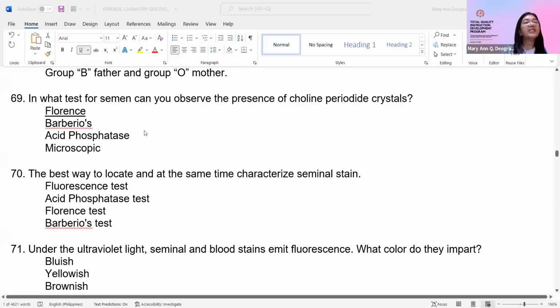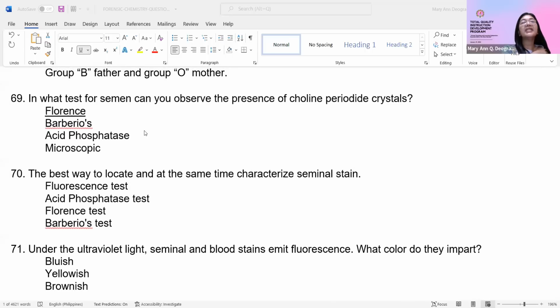Okay, number 70. The best way to locate and at the same time characterize a seminal stain. Sagot natin is acid phosphatase test. Pero preliminary test pa rin si acid phosphatase test.